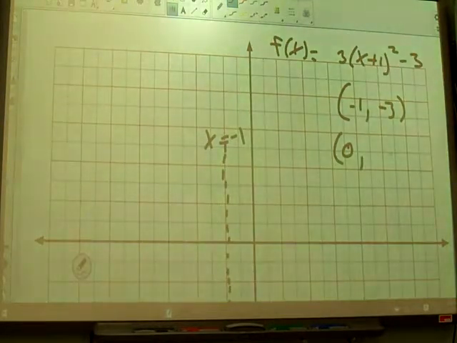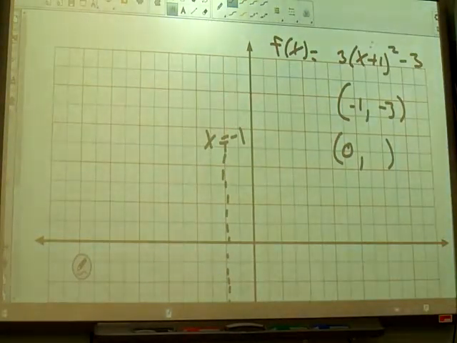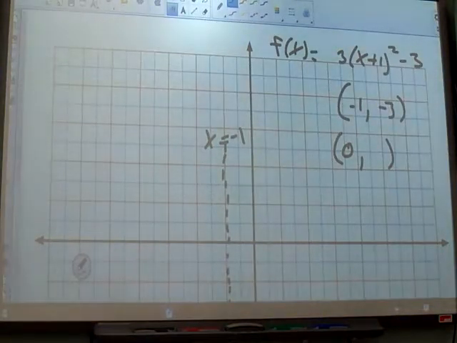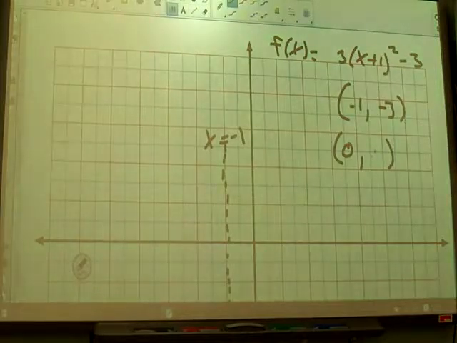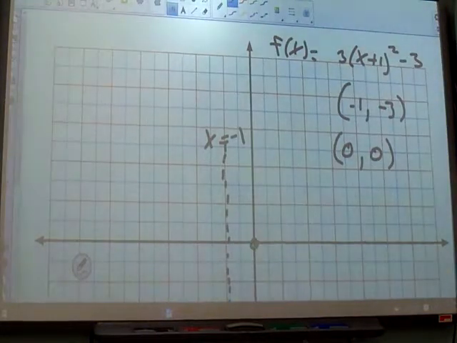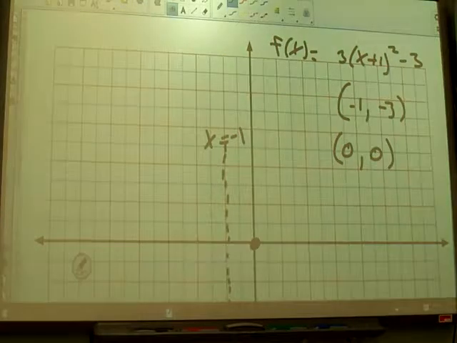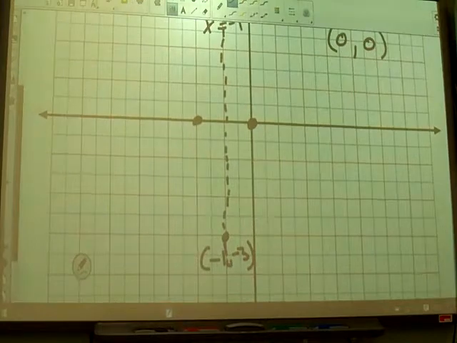It would just be a higher point for me to graph. So if I plug 0 in, 0 plus 1 is 1. 1 squared is 1. 1 times 3 is 3. So you just end up with 3 minus 3. Well, wasn't that nice? We got a 0, 0. Just count over. And then right, Grant, we just count that over. So let me scroll down so I can find my other point to draw that pretty parabola.